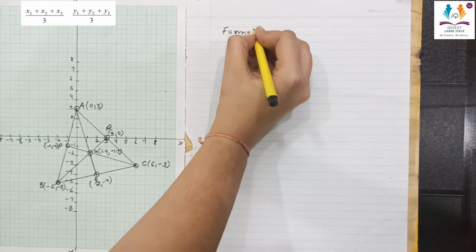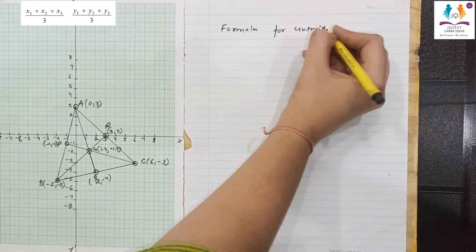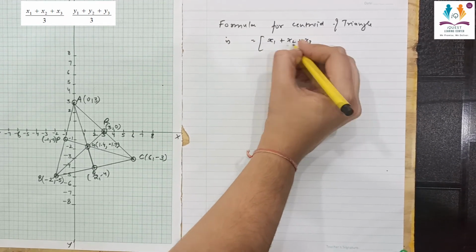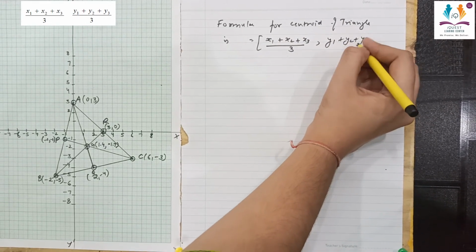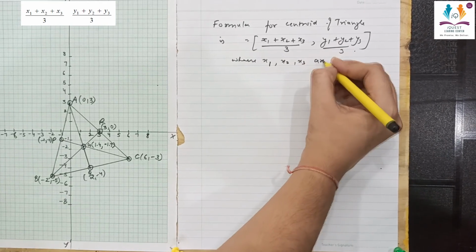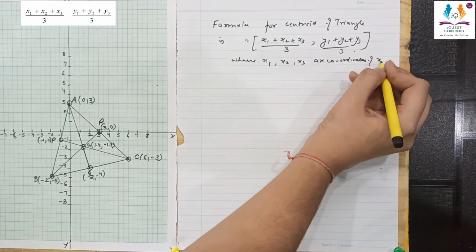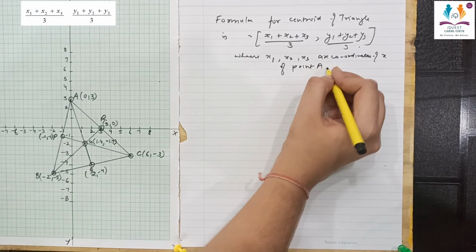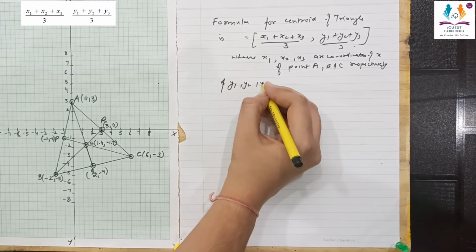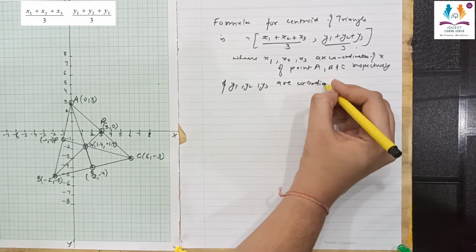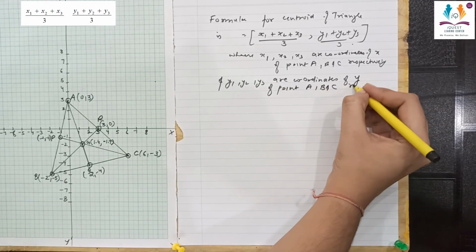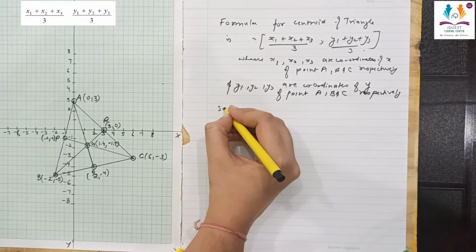So the formula for the centroid of a triangle is x1 plus x2 plus x3 divided by 3 comma y1 plus y2 plus y3 divided by 3, where x1, x2, x3 are the x coordinates of points A, B and C respectively, and y1, y2, y3 are the y coordinates of points A, B and C respectively.